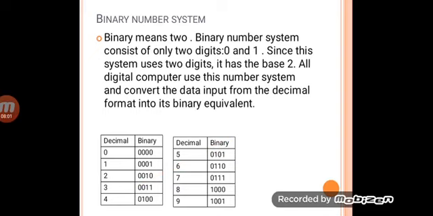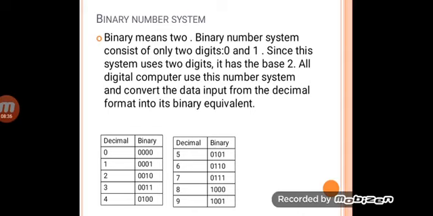Now start the next topic, binary number system. Binary means 2. A binary number system consists of only 2 digits, 0 and 1. Since this system uses 2 digits, it has the base 2. All digital computers use this number system and convert the data input from the decimal format to its binary equivalent.